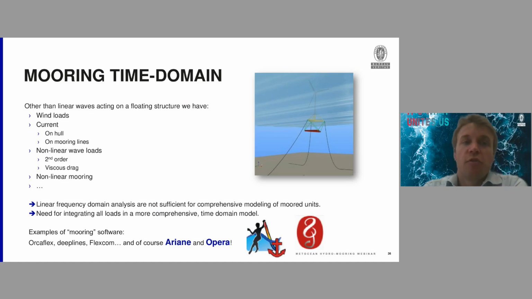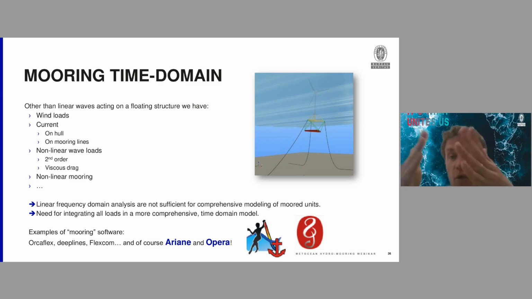Then the moored units, unfortunately, linear waves are not their only concern, and there are other loads that act on them and on the mooring that are relevant. We can cite the wind loads, the currents, and also the nonlinear waves like second order, or also viscous drag on small parts of the structure.